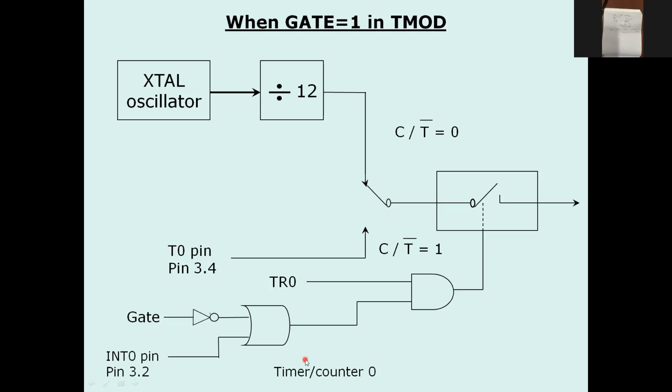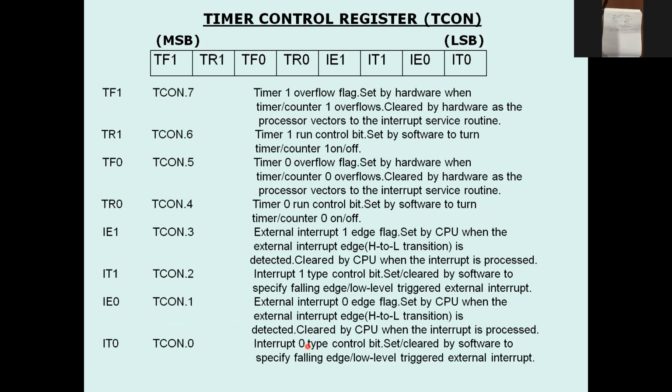The gate we are giving input to here is an AND gate, non-NAND, with no bubbles. This is the function of the TCON register. First, write down the functions.